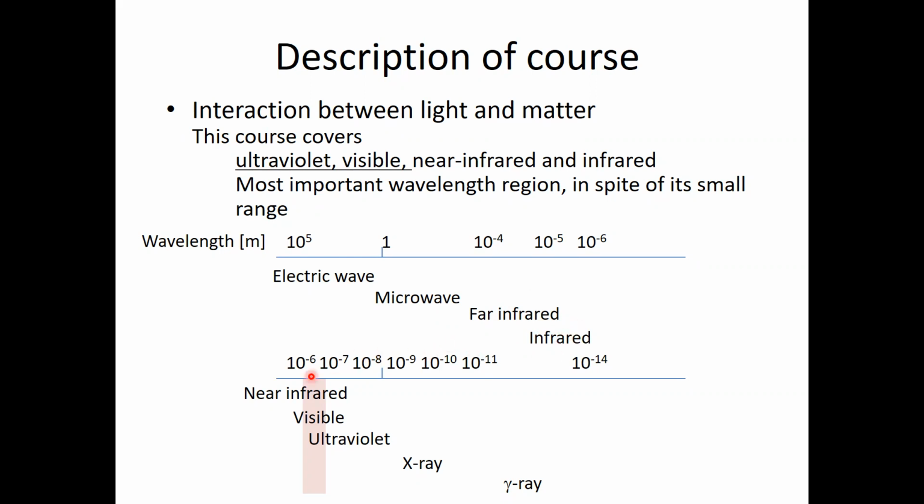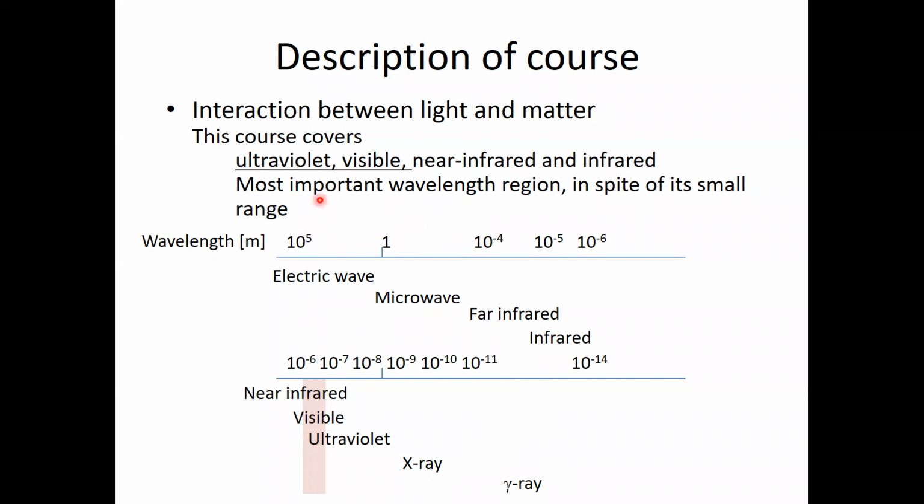Near infrared, visible light, and ultraviolet are in this range. The shorter wavelength range is X-ray and gamma ray, and they have higher energy. What we are going to study is only this small range in the wavelengths.